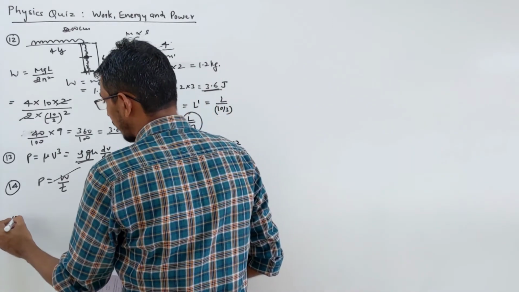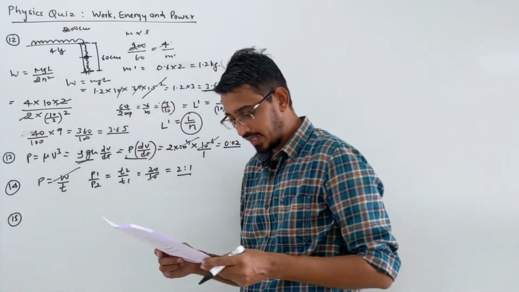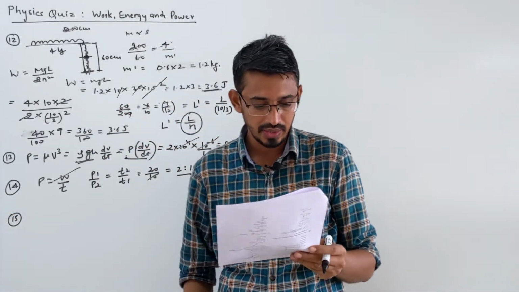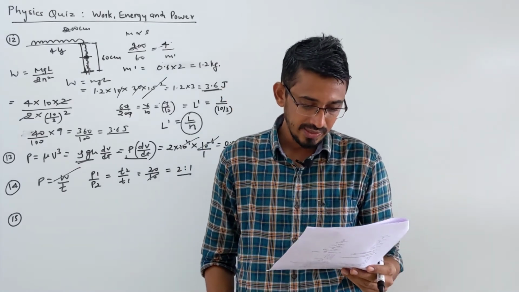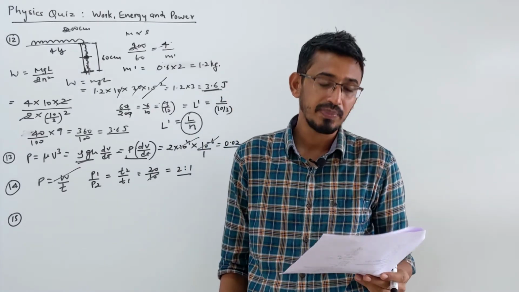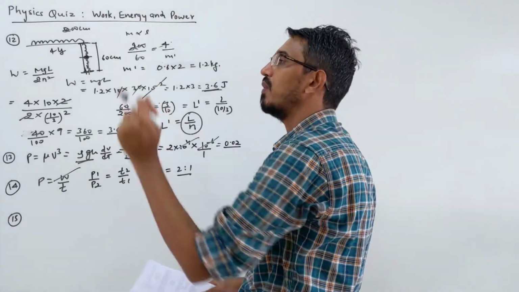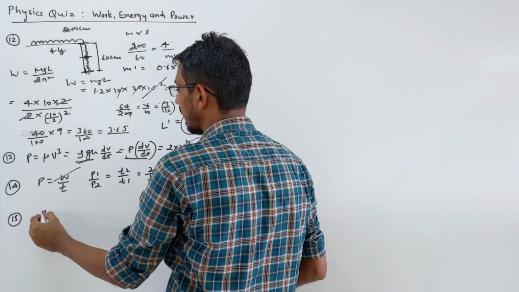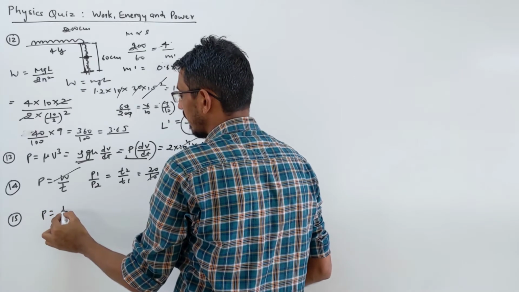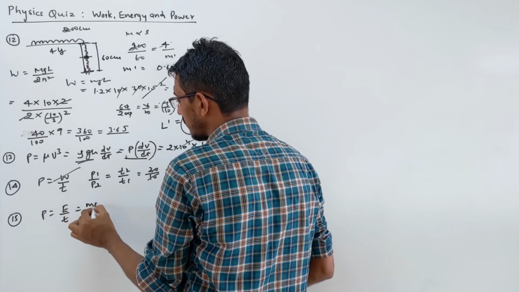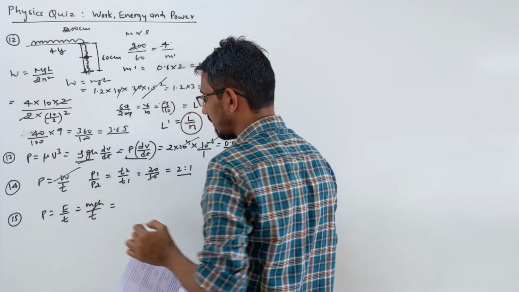Moving to problem number 15. It says an engine pumps up 100 kg of water through a height of 10 meter in 5 seconds. If the efficiency is given, what is the power of the engine? We are doing work against gravity. So how much power is required to do that work? Power required is energy by time, where energy is potential energy, mgh, by time. All are given to you.